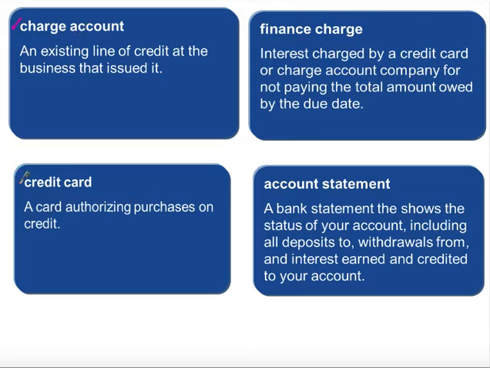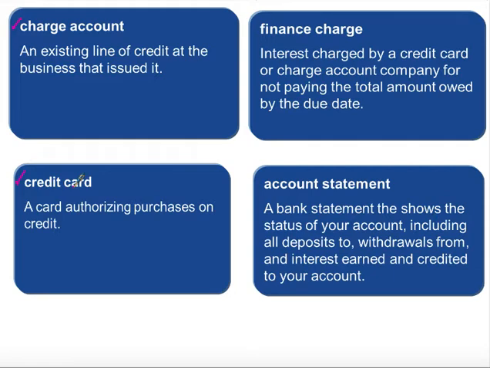A credit card is more on a bigger, grander scale. That credit card is issued to you from a bank, maybe like Citibank or Bank of America or Capital One, American Express. Those are all very popular credit cards. Those are not going to restrict you to any specific business. Those are going to be more universal.